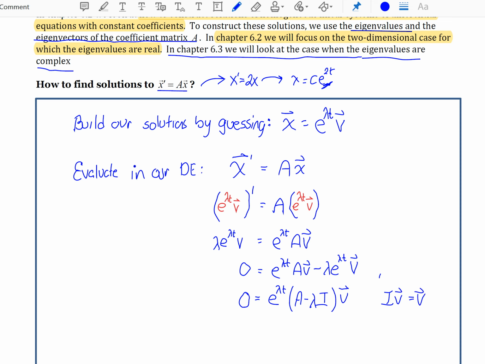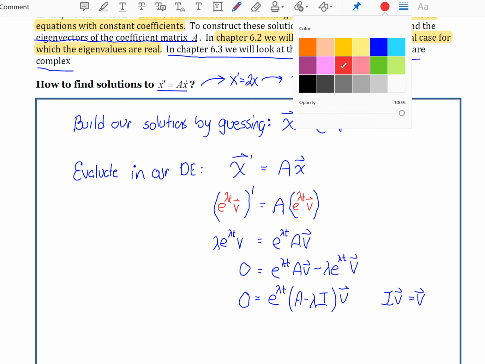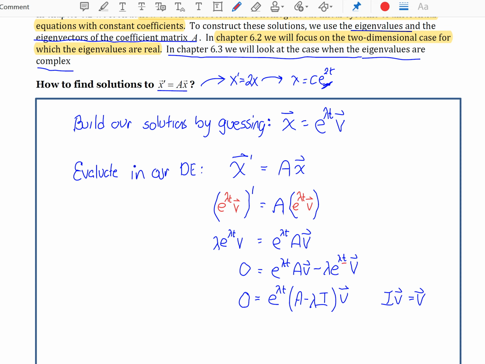So inserting the identity matrix doesn't change equality. So we can factor out the vector v on the right, and it'll leave a minus lambda I in the parentheses.